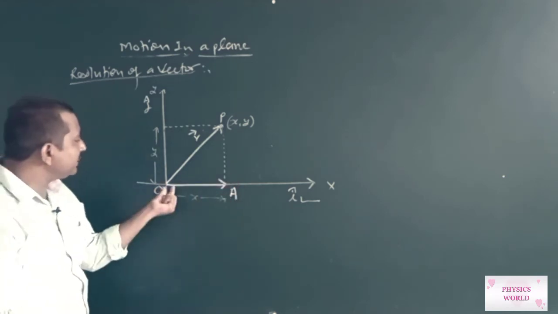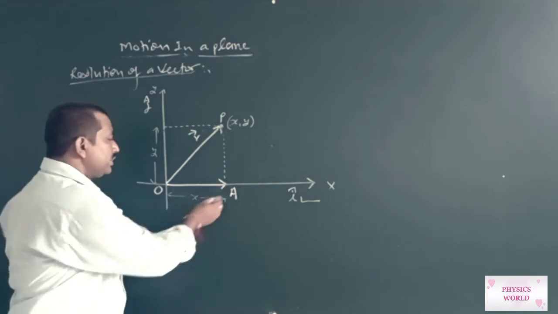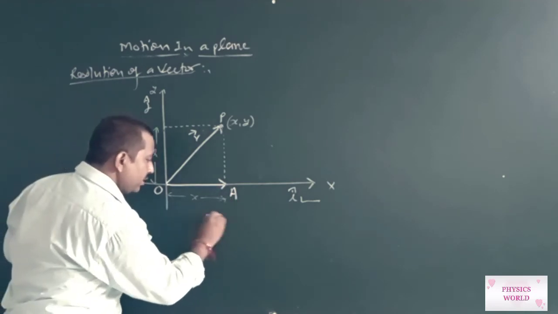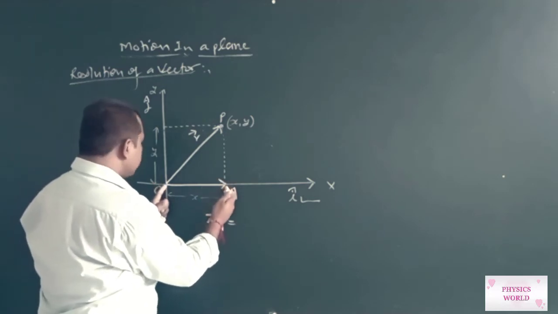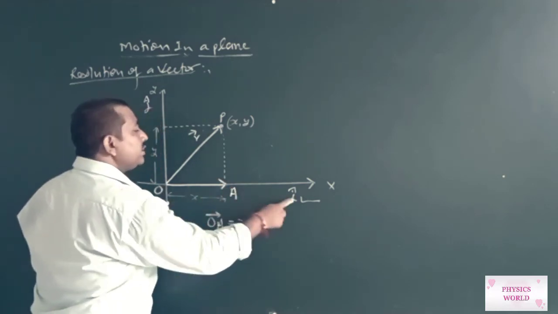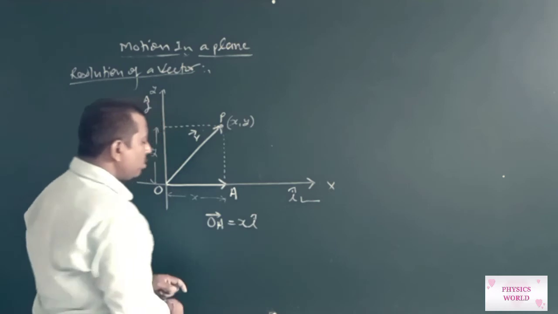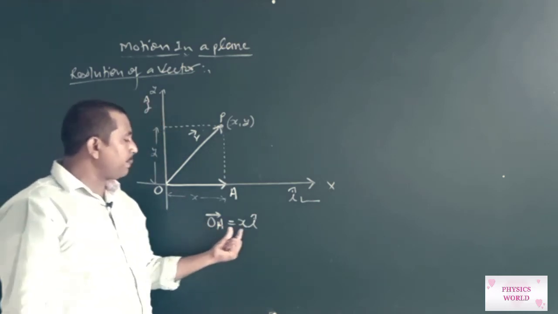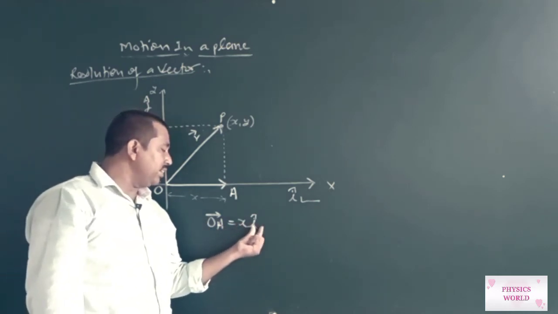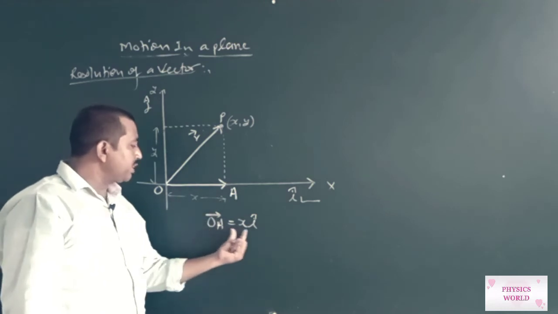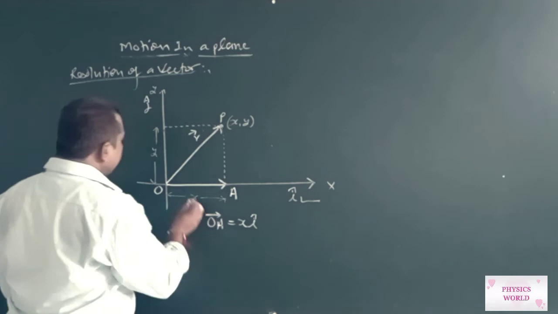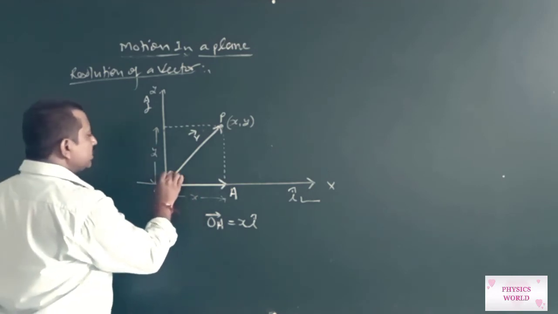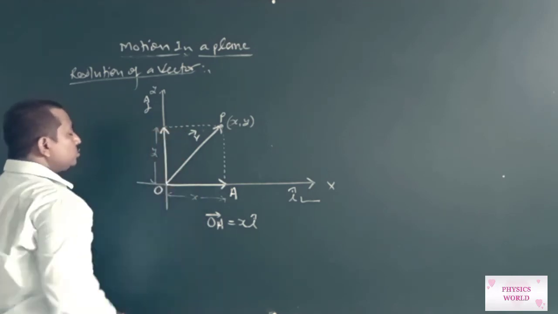If we represent this with a vector, then vector OA has length x and direction i. Because a vector can be expressed as the product of magnitude and direction, vector OA can be expressed as x i cap.